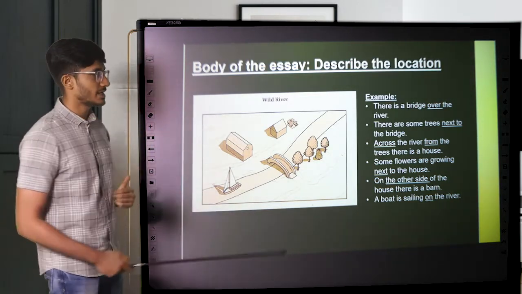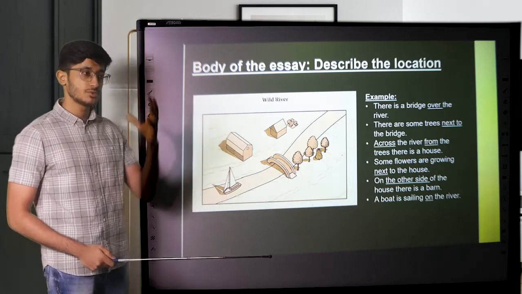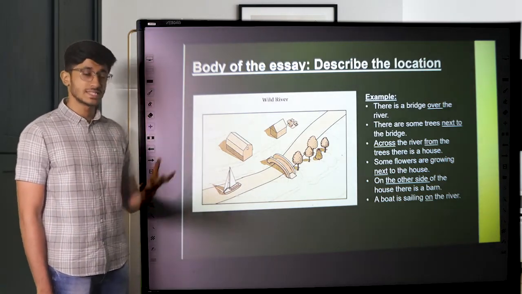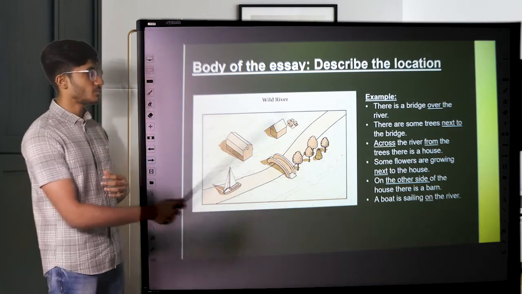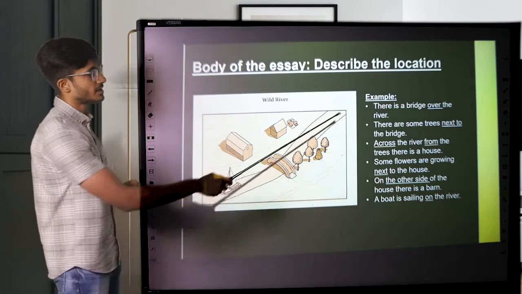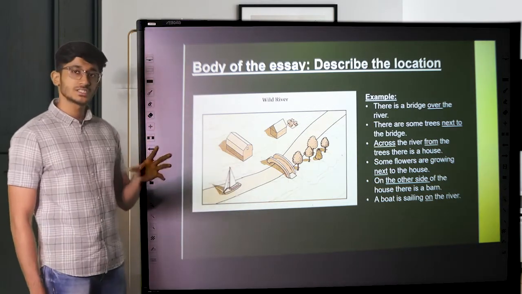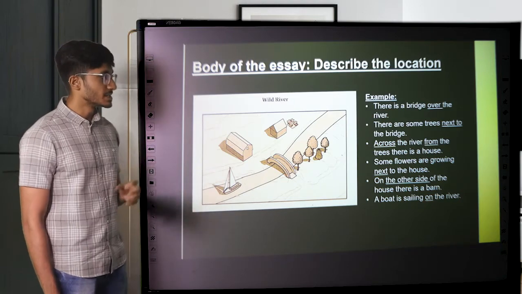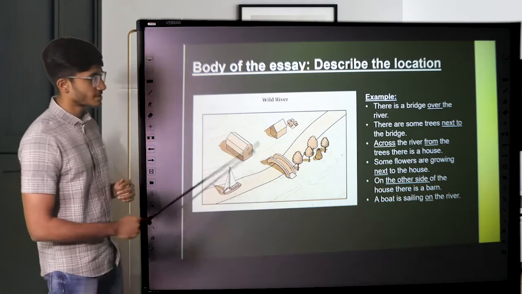So you have to mention that. This helps you imagine the location. Obviously you can see it, but the examiner needs to be able to imagine what you're seeing by just reading what you're writing. Which is why such prepositions are going to help the examiner understand the location of those elements. So there is a bridge over the river.